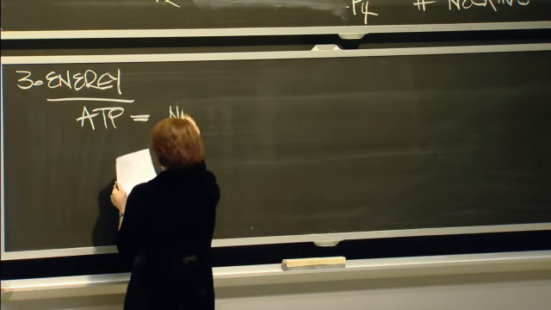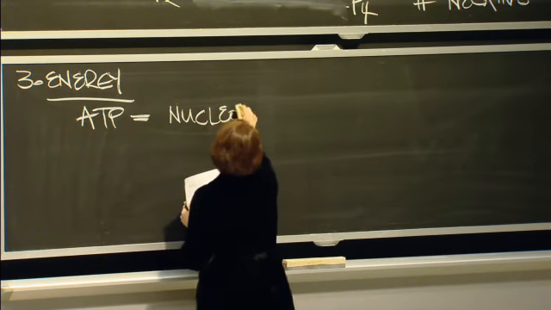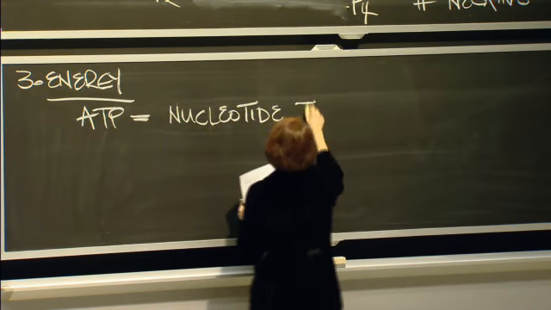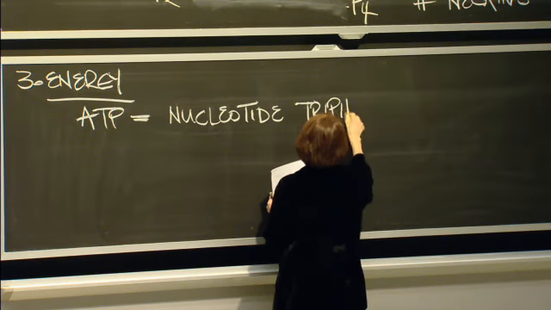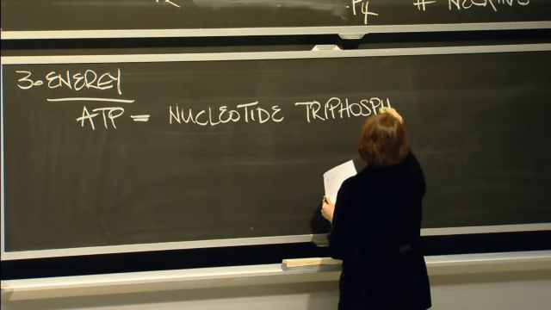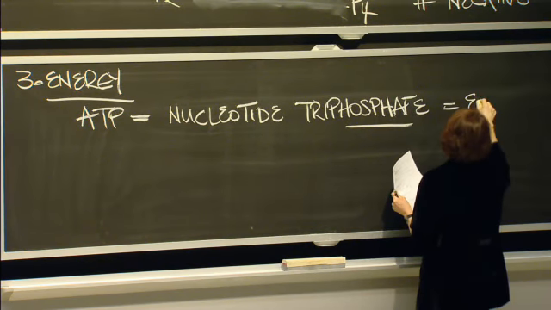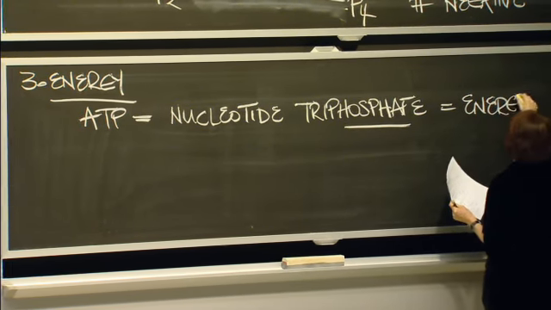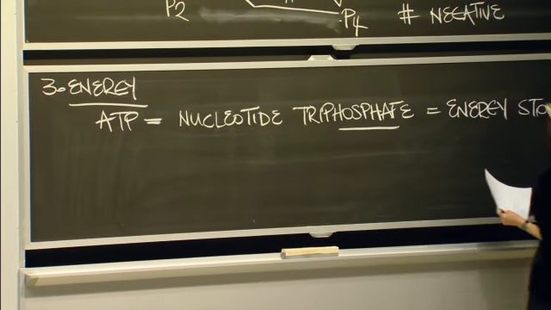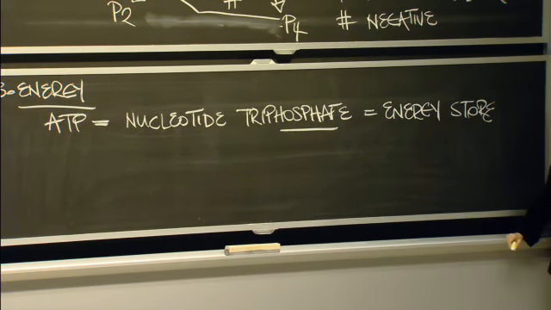ATP is a nucleotide triphosphate. We talked about nucleotides before. The triphosphate is very important here. And this nucleotide triphosphate is kind of like the dollars and cents of energy currency in the cell.